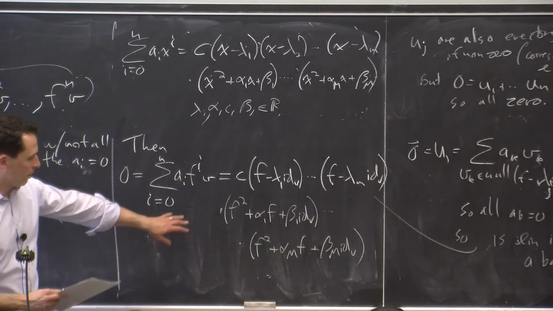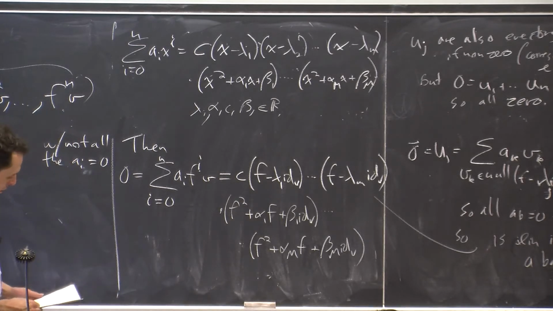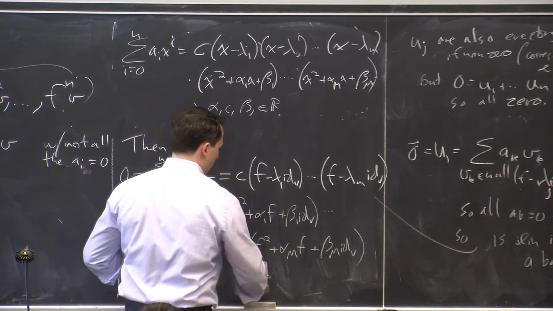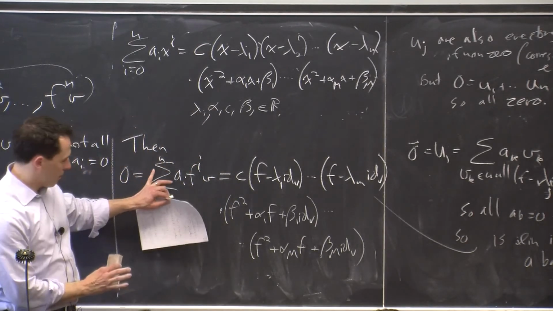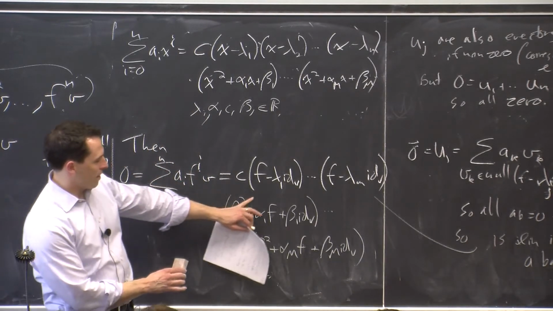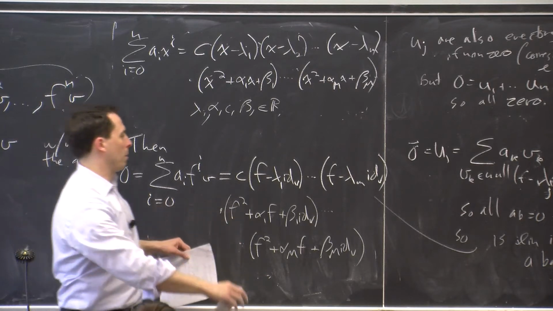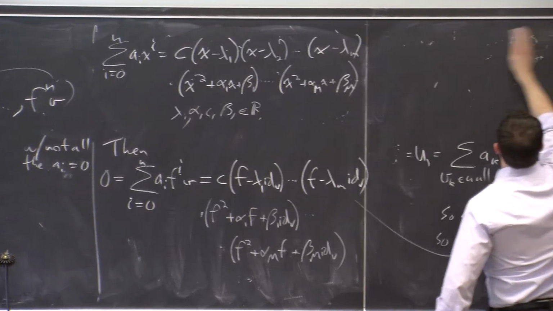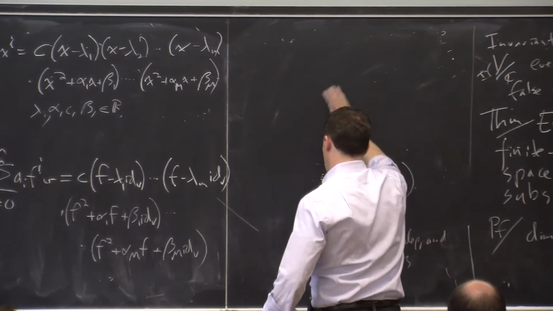These are all perfectly good definitions of operators. And then we want to make the same sort of argument. On the left-hand side, we have a sum of many linear operators. On the right-hand side, we have something which is simply a composition. And it's this theorem about polynomials that allows us to know that we can make such an equality.